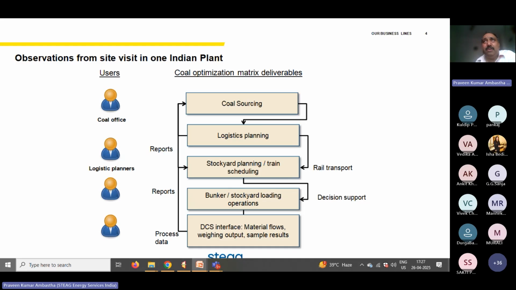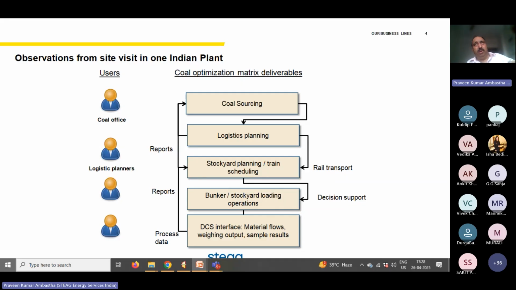This coal selection matrix will tell you what the GCV of the coal in the bunker is right now. Or in the coal yard, if you want to take coal, what should be the mixing of the coals so that you get the required GCV. Second, you will be able to optimize the sourcing of the coal. Then you can optimize the logistics, train transport and all. So the main aim is to have the required GCV of the coal and to get the proper load condition.